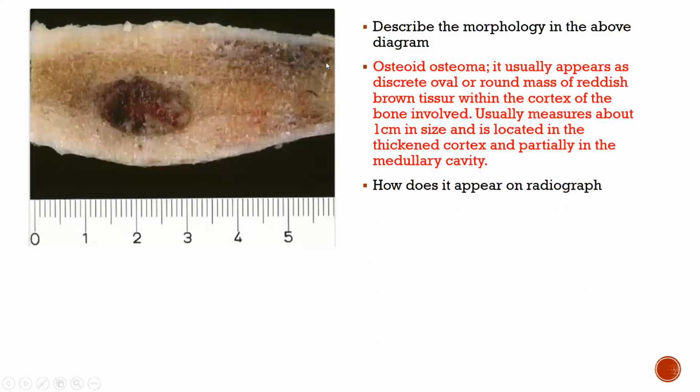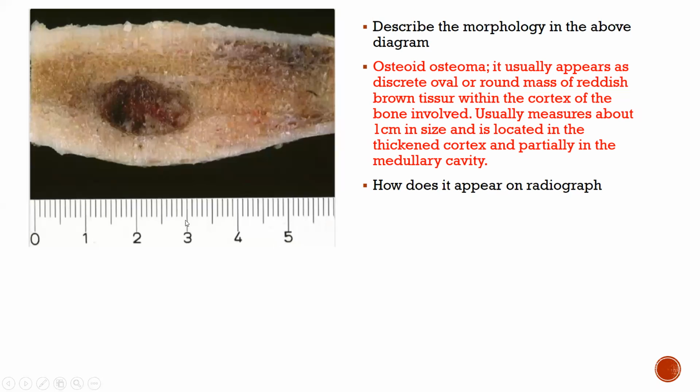As I said, this osteoarthritis usually appears as a discrete oval or round mass of reddish brown tissue within the cortex of the bone involved, and then it usually measures 1 centimeter in size. But I said it can extend to be 2 centimeters, okay? But it can never be more than 2 centimeters.